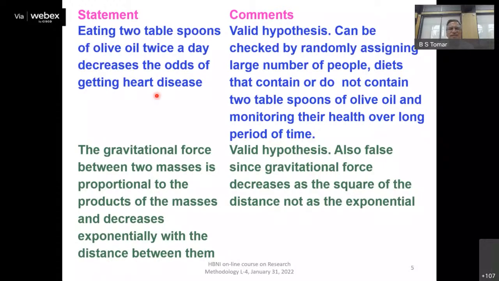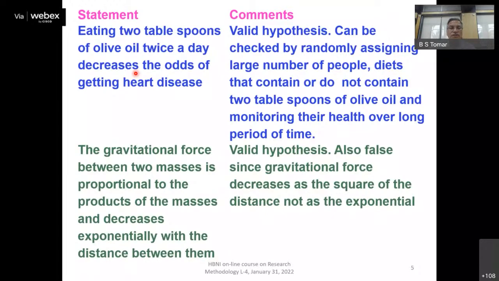Many things we learn from our grandparents and parents at home, that eating this is better for health and so on. How has that come? That has come from the experience of our elders over hundreds of years. They will always advise you, don't eat that, or eat this. So this is a statement which is a hypothesis, and it is a valid hypothesis. Either it will decrease or it will not decrease.